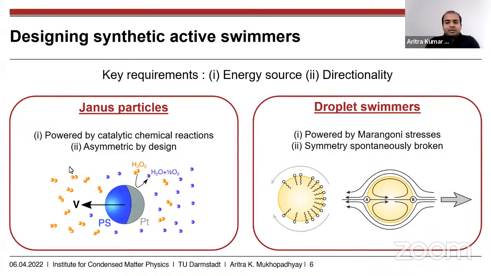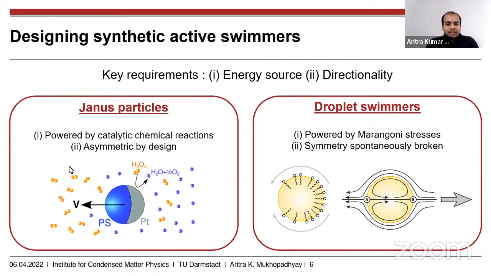The second requirement invariably requires some sort of symmetry breaking, which can either be spontaneous or explicit by design. Here I'll show only two examples from many different types of synthetic active particles.